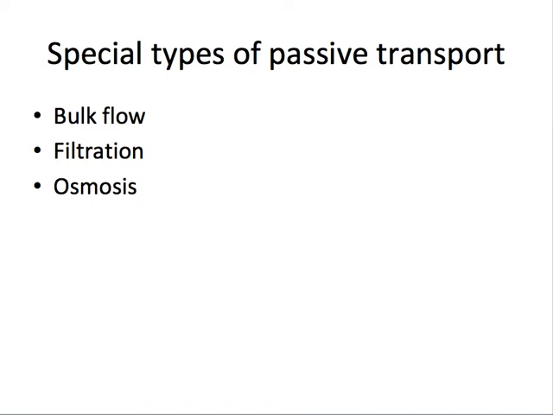And the hydrostatic pressure itself is developed by the weight of the fluid. This filtration process is seen at the arterial end of the capillaries, where fluid moves along with the dissolved substances from the blood into the interstitial fluid. And filtration also occurs in the glomeruli of the kidney.